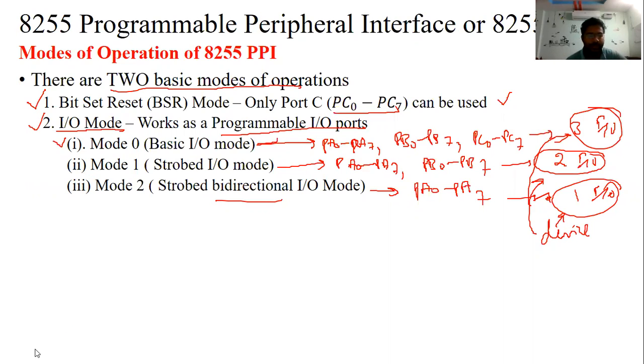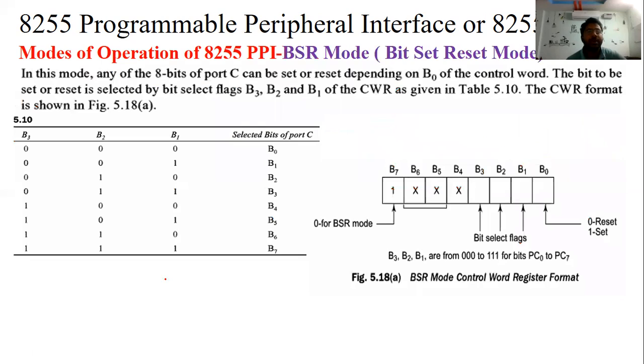Okay, now see this. The first one is BSR mode, or bit set reset mode. In this bit set reset mode, this is the CWR.